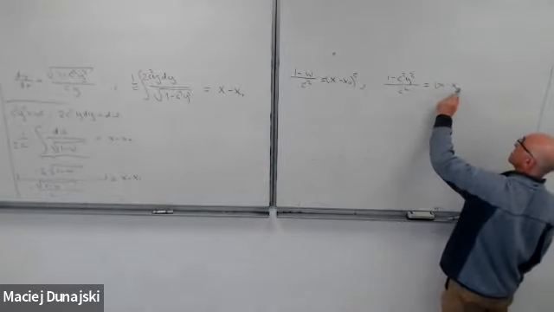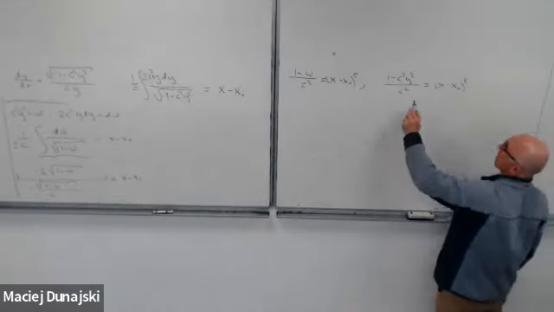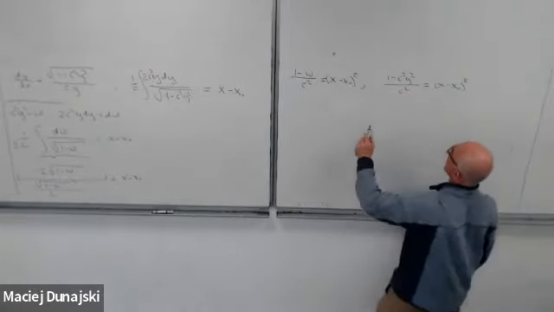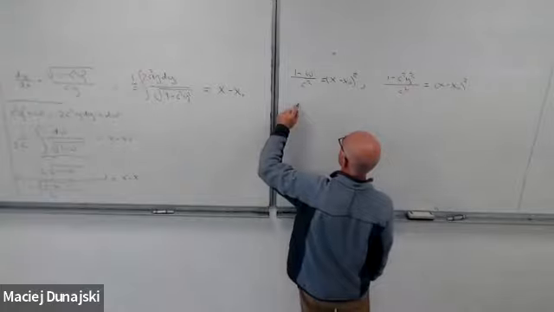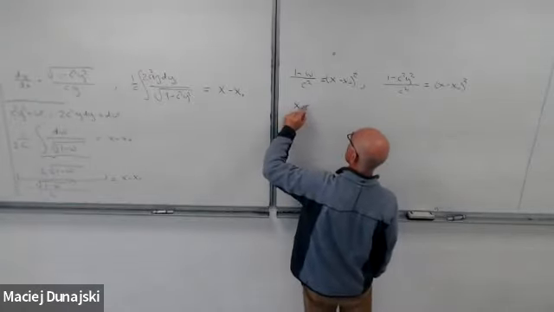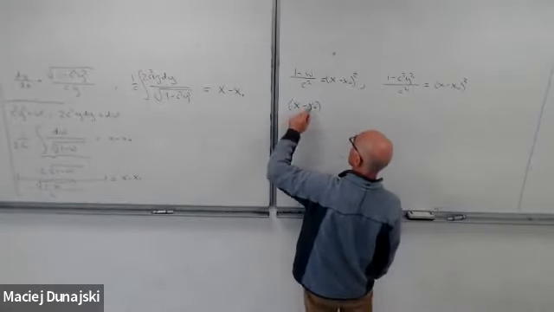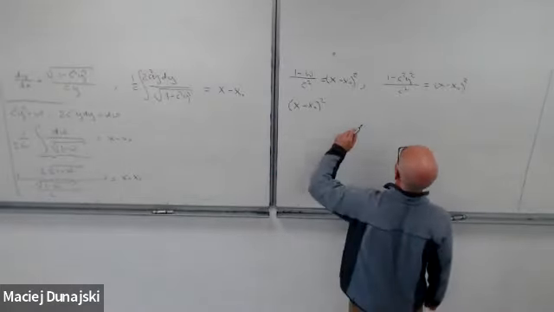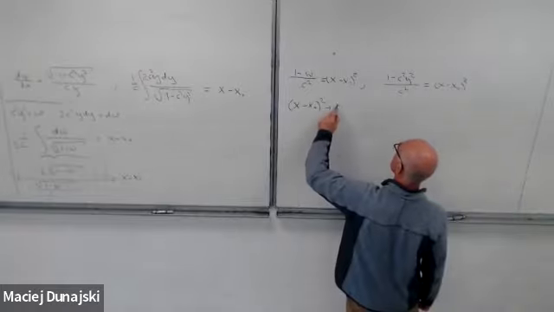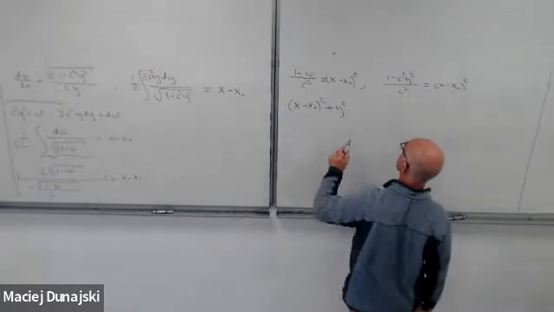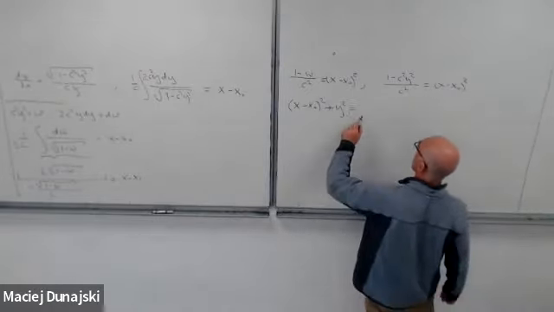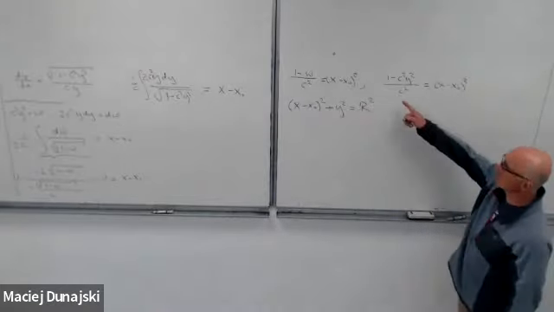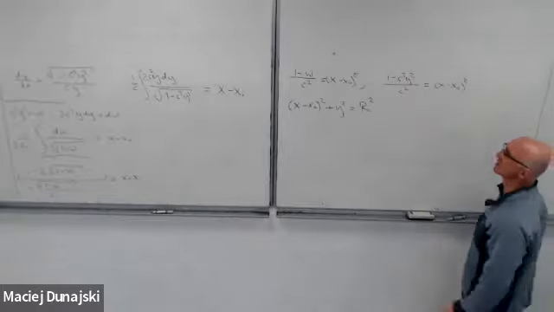Okay, so this c divides out, and I end up with (x minus x0) squared plus y squared equals capital R squared, where my R squared is just another name for 1 over c squared.